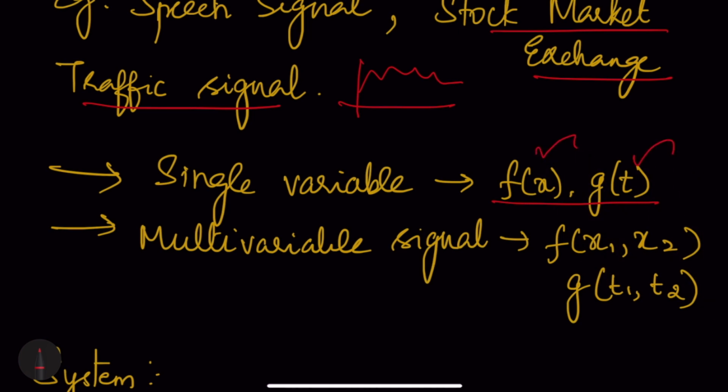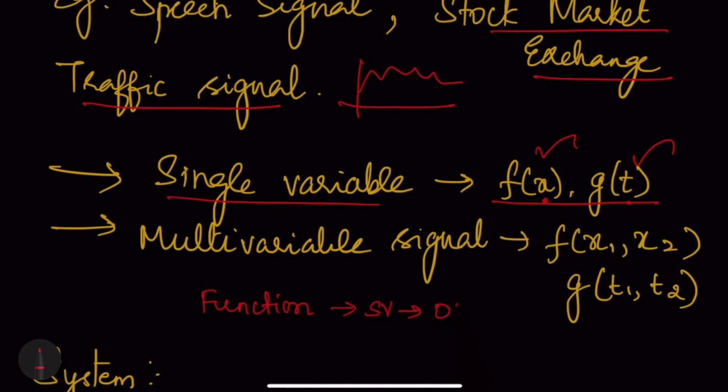It can also be position or distance, where x represents position and t represents time. A function that depends on a single variable, you call it a one-dimensional signal.